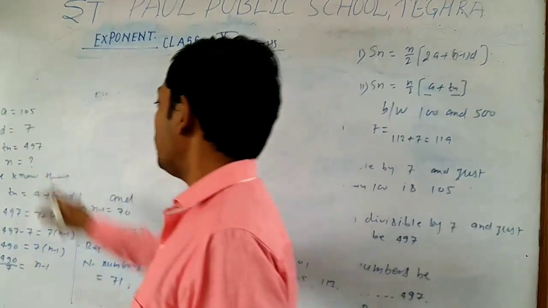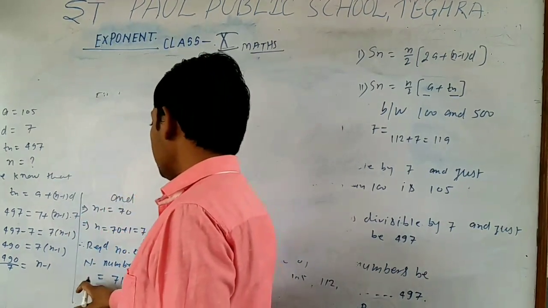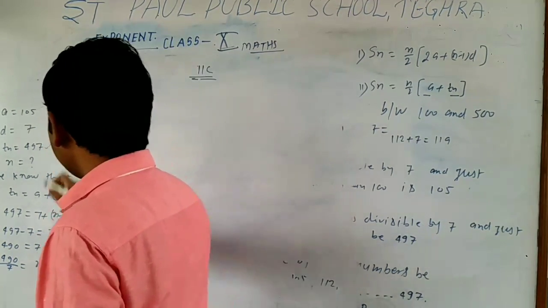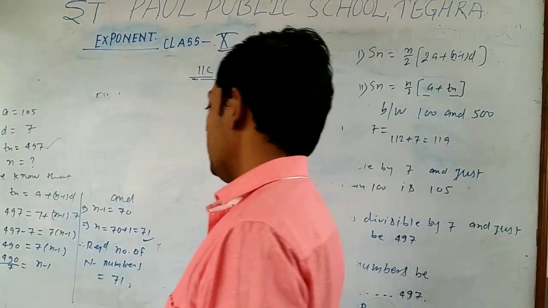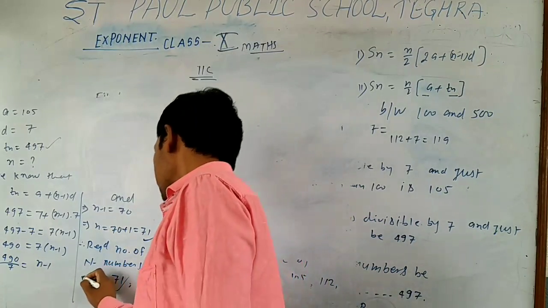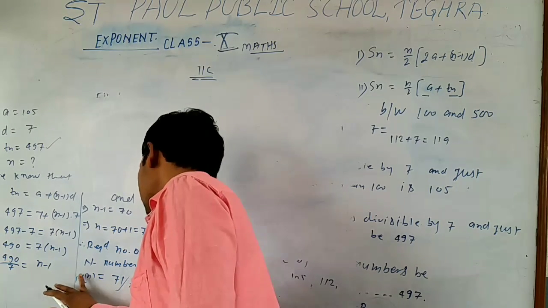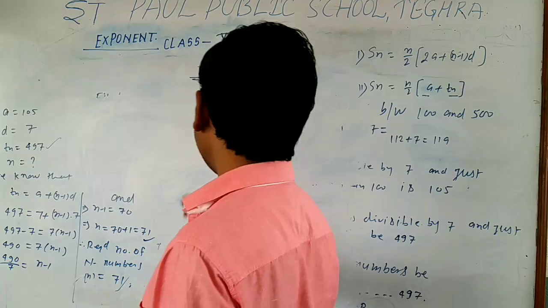Here we see that a equal to 105, d equal to 7, tn equal to 497, and n equal to 71.